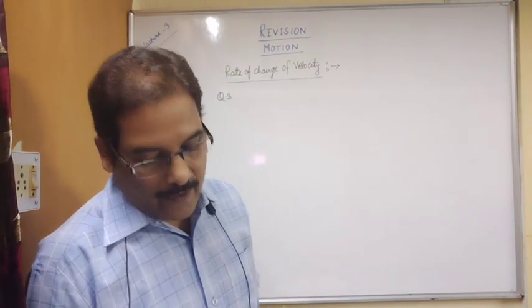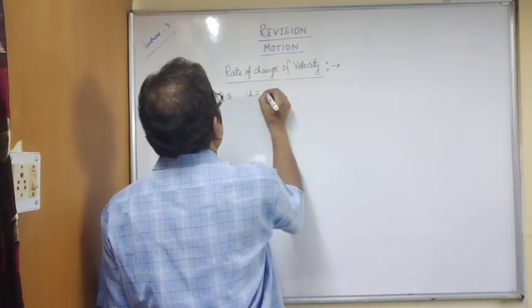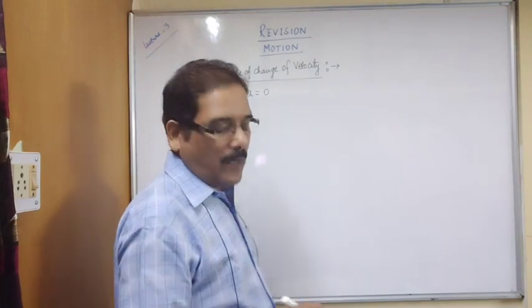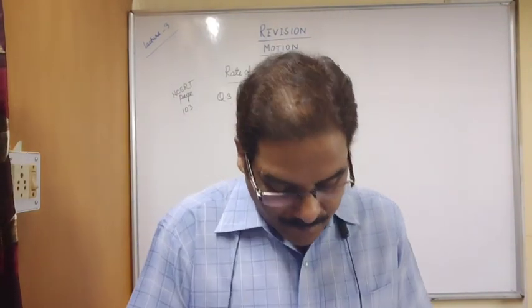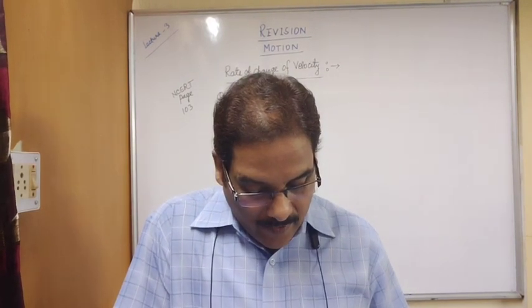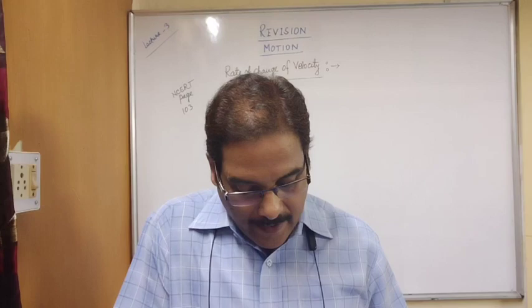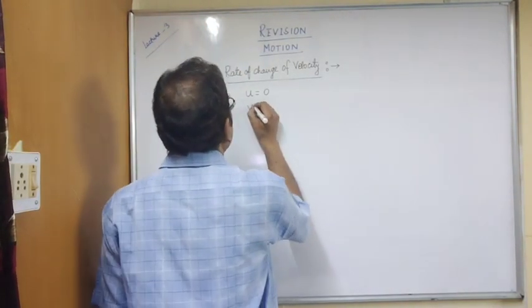So initially the train was at rest. You have to read the question carefully. Train is starting from the railway station. So initially the train was at rest and moving with a uniform acceleration, and then it attains a speed of 40 km per hour.